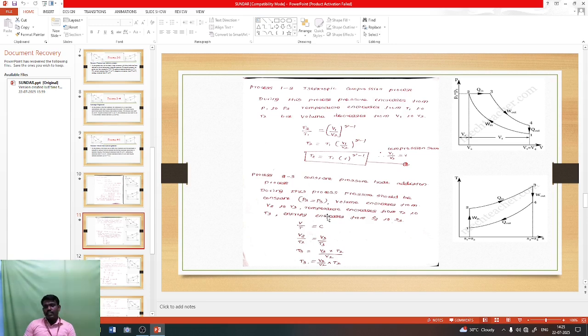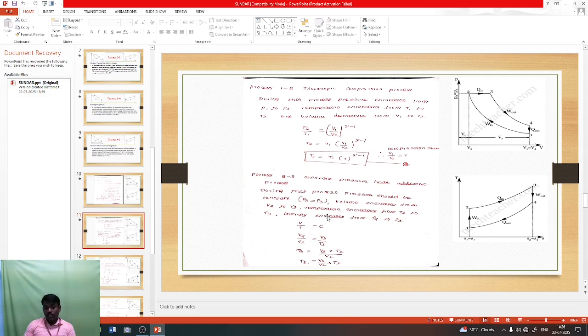So now let us see what the compression ratio is. That is very important in this derivation. Initially I told you the diesel cycle was invented for high efficiency and high compression ratio, isn't it? Here the compression ratio V1 by V2 is equal to R. What is the definition of compression ratio in the cylinder?